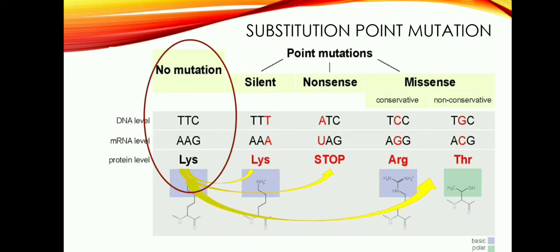And in missense mutation, the substitution changes the amino acid from lysine to arginine or threonine, in this example.